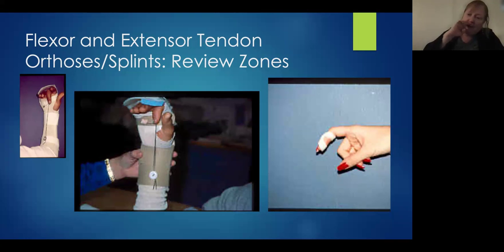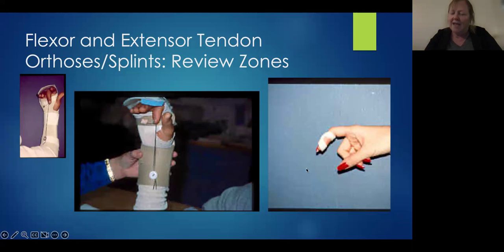There are different early mobilization protocols that I talk about in chapter 6 that you can take a look at. But I would really make sure that I know the basics about the tendon repairs, and that if there's a question about zone 2, one of the first things I would think of is a dorsal blocking splint.